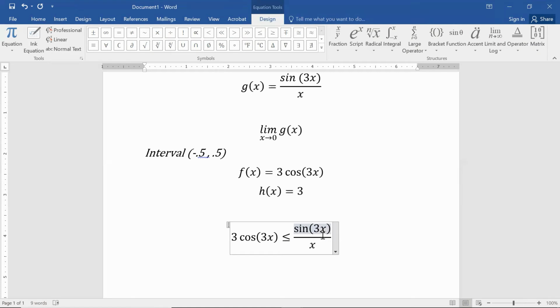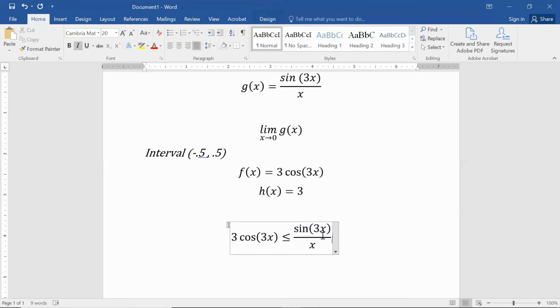And then we can apply some other techniques as well. For right now, without wasting time, I'm just going to state that that's a fact, and you'll be able to see that graphically if you graph each.